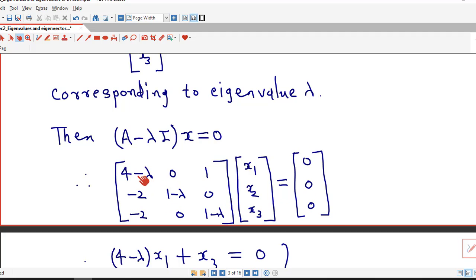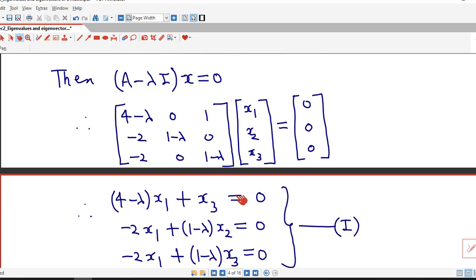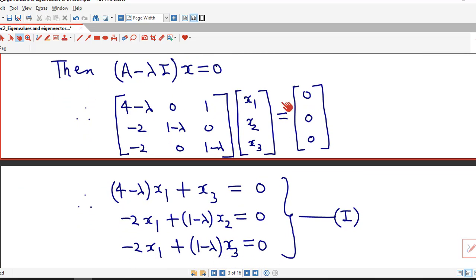Now we multiply these two matrices, first row into first column, that is 4 minus lambda into x1 plus 0 into x2 plus 1 into x3, that is x3, and we equate it to 0. Similarly second row into first column, minus 2 into x1 plus 1 minus lambda into x2 plus 0 into x3 equal to 0.